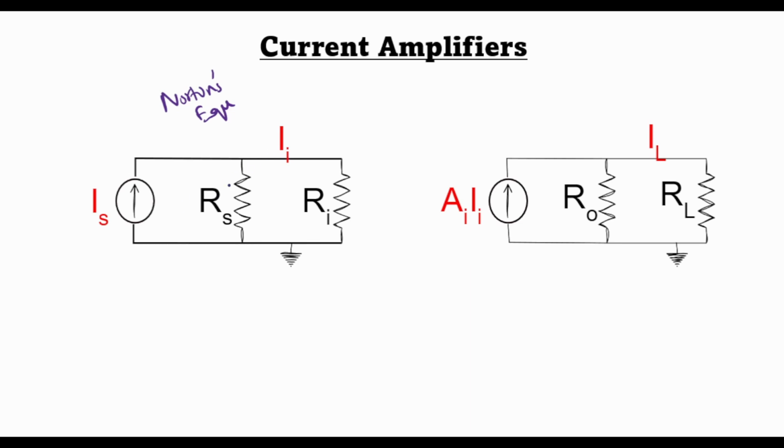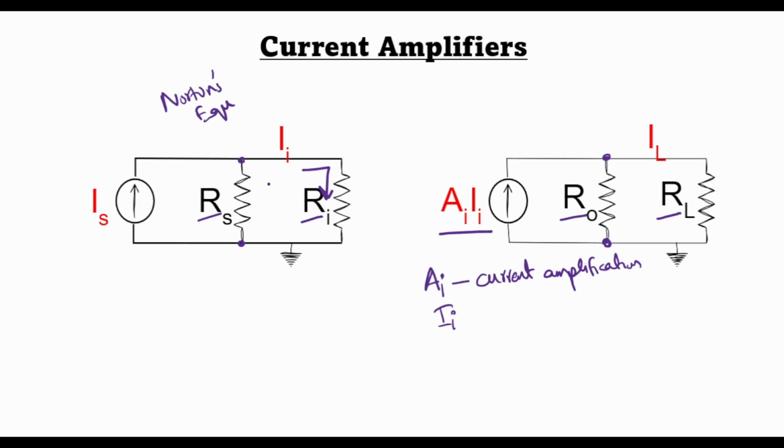That is, the source resistance Rs and the input resistance Ri are connected in parallel with the source current, and at the output the resistance R0 and the load resistance RL are also connected in parallel with the source, which is AI times II, where AI is the current amplification factor and II is the current that flows through the input resistance.